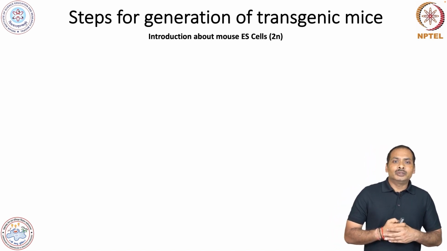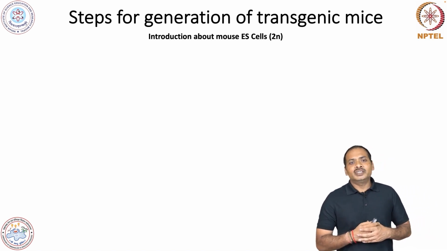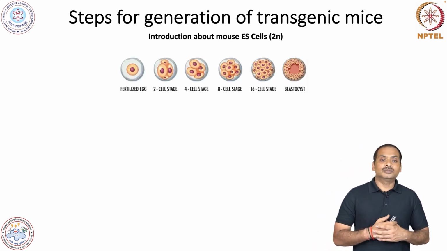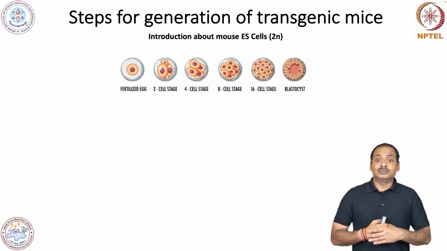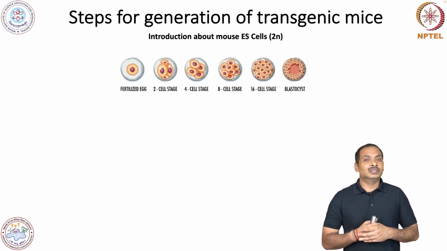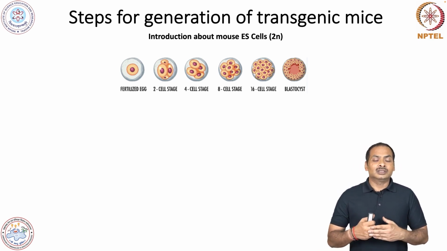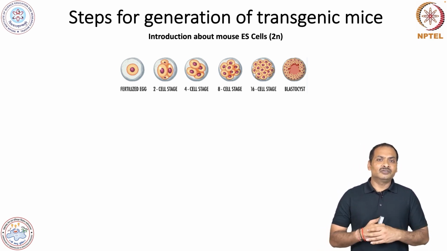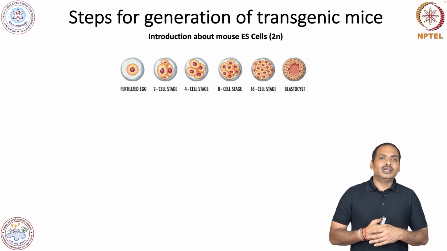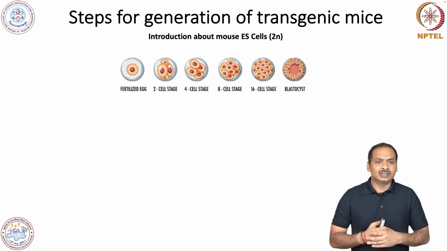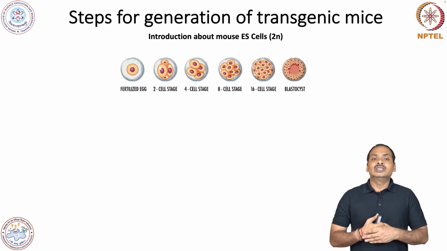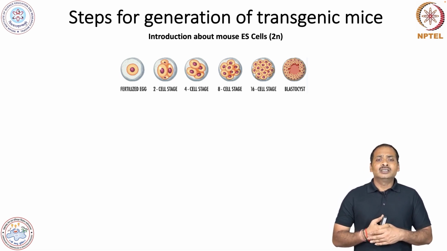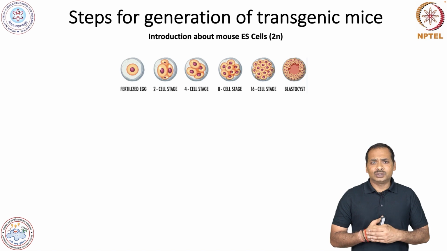Embryonic stem cells we basically get from the blastocyst. In this scenario, we keep the male and female mice for mating, and after some duration we sacrifice the female mice and we take out the blastocyst.